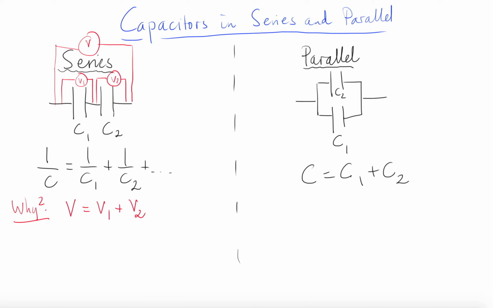But we have the definition of capacitance, which is capacitance is Q over V. So the voltage, or the potential difference rather, is going to be Q divided by C. So this is going to be total charge divided by capacitance equals the charge on capacitor 1 divided by capacitance 1 plus the charge on capacitor 2 divided by the second capacitance.